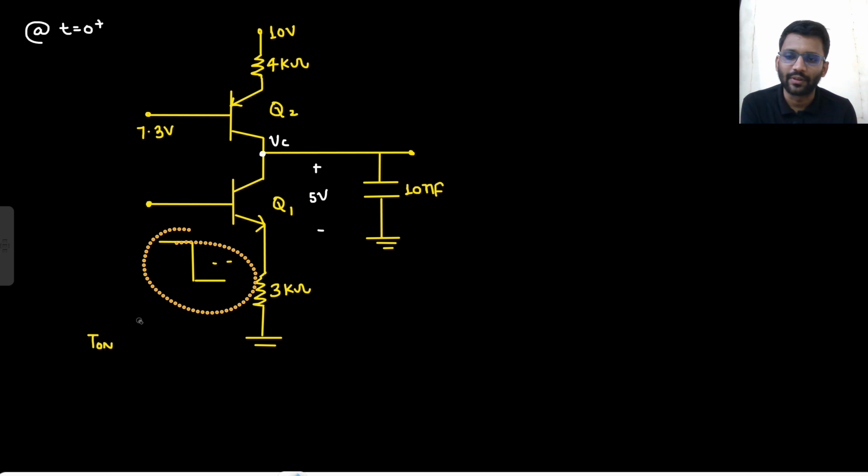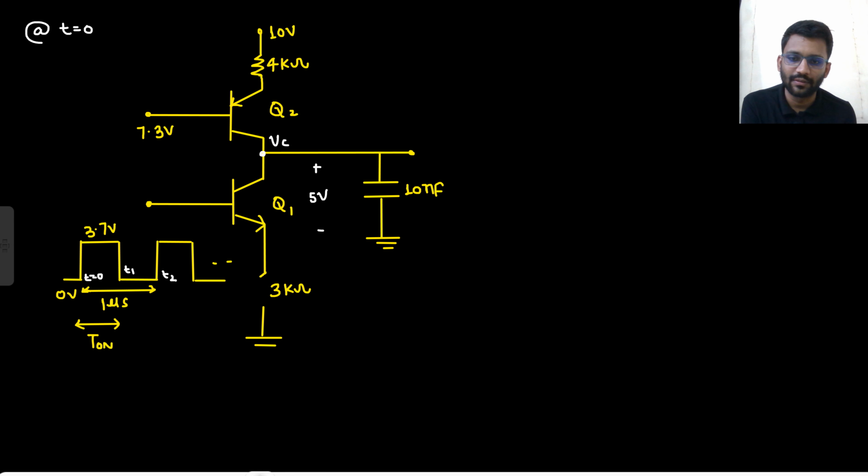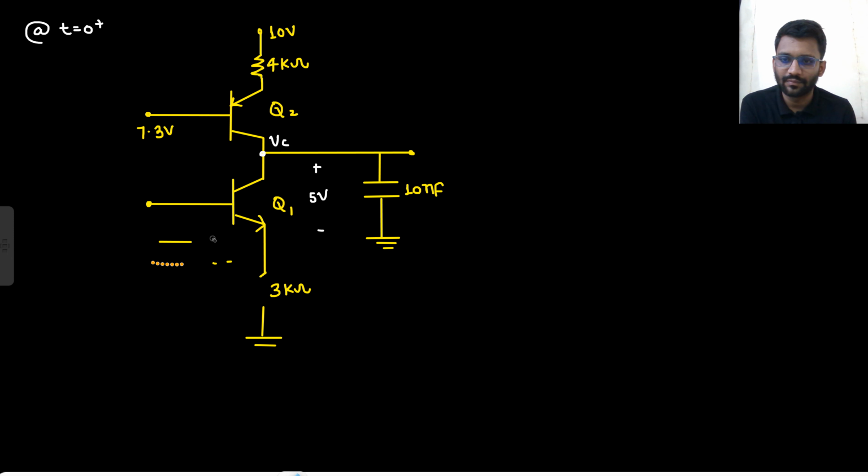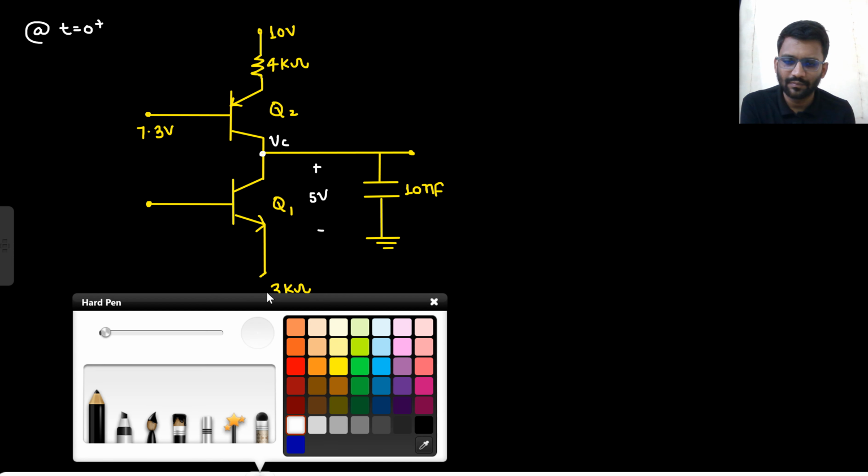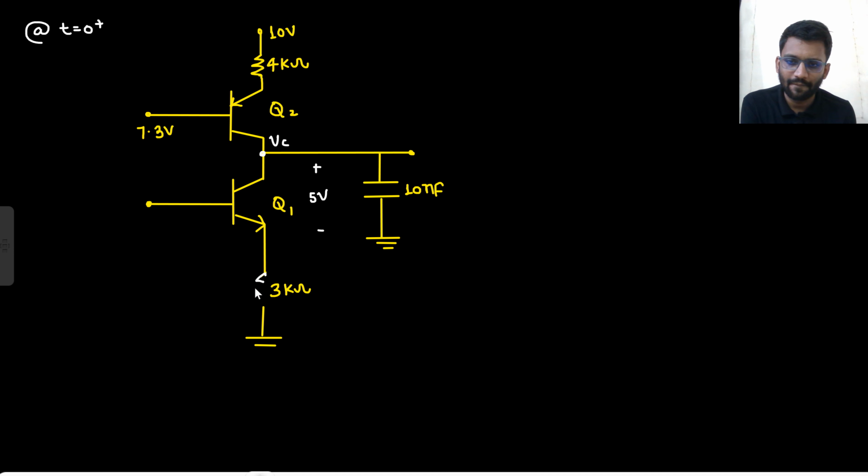Input is 3.7 volt at T equals to 0 plus. What is VB potential? That is 0.7. So this potential will be 3 volt. So what will be the current here? 1 milliampere, right?